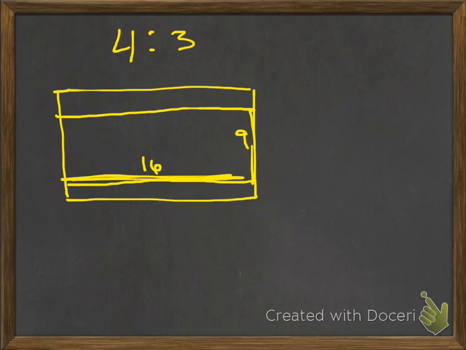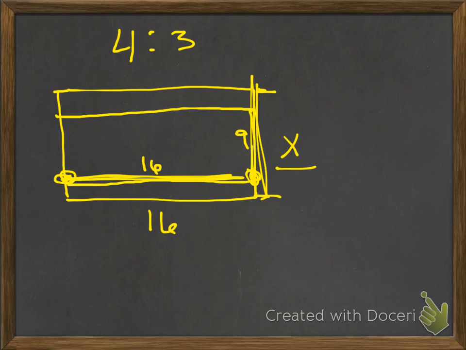Okay, if that's the case, notice this goes from edge to edge. That means at a minimum, the screen is also 16 inches. So how do you find this bit here to here, the top from the height of the screen? Well, set up a proportion. Keep in mind, this is a ratio of 4 to 3.